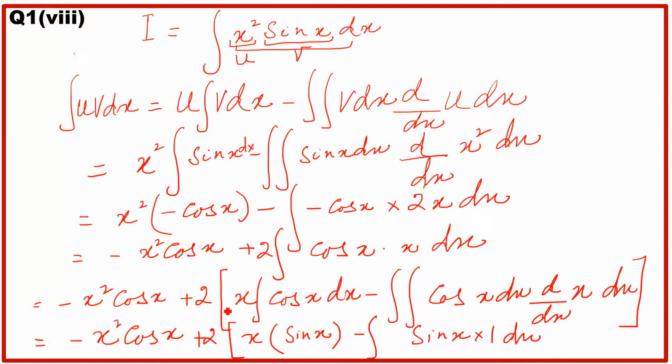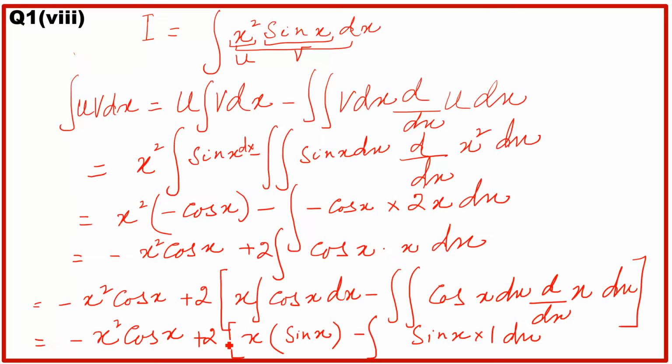So in the next step we will write it down, equal to minus x square cos of x, which remains the same, plus here x into sine x, right?